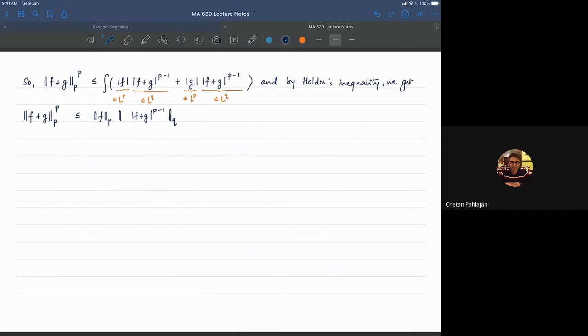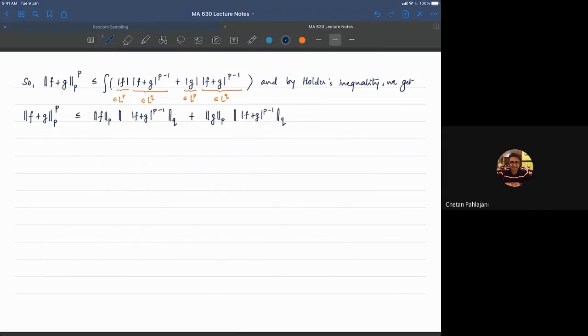This is just Holder's inequality applied to this first integral. And for the second one, you have a similar Holder's inequality. So this is going to be plus the p norm of g, and then the LQ norm of absolute value of f plus g to the p minus 1.